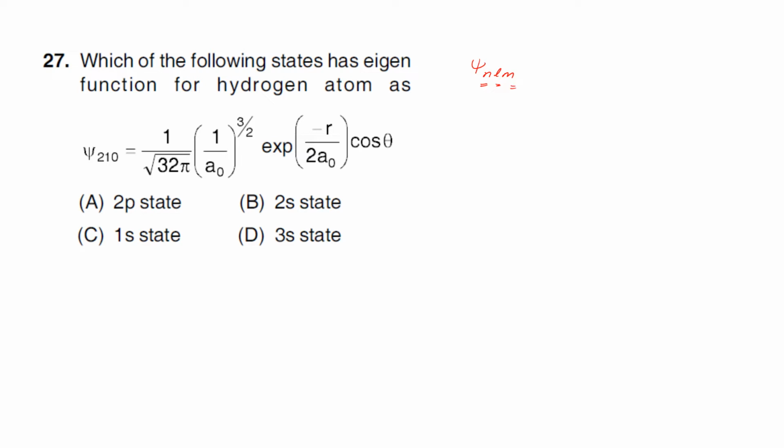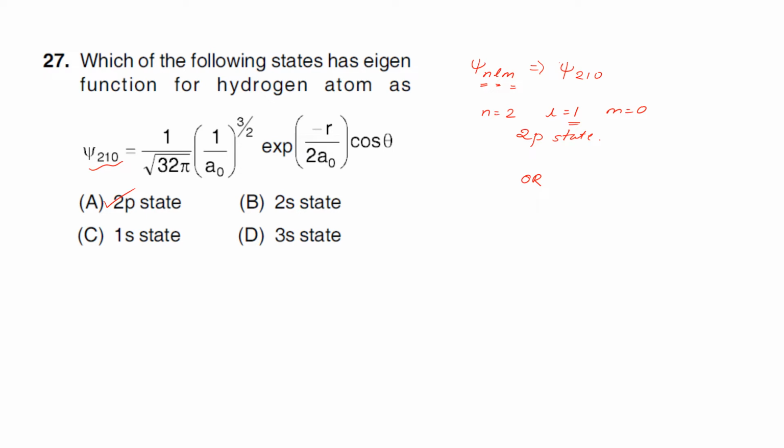Here it is psi 210, that means n is 2, l is 1 and m is 0. l is 1 stands for p state. It represents 2p state. So the direct answer is the 2p state.